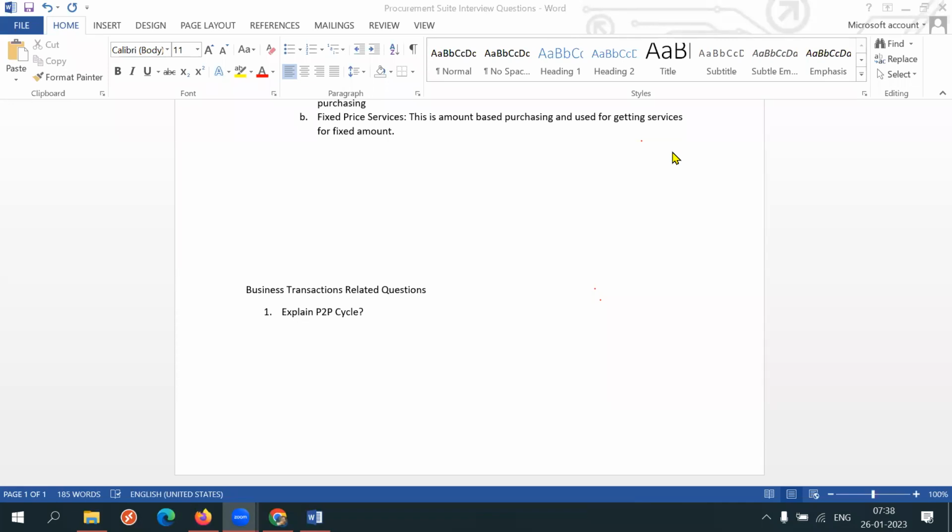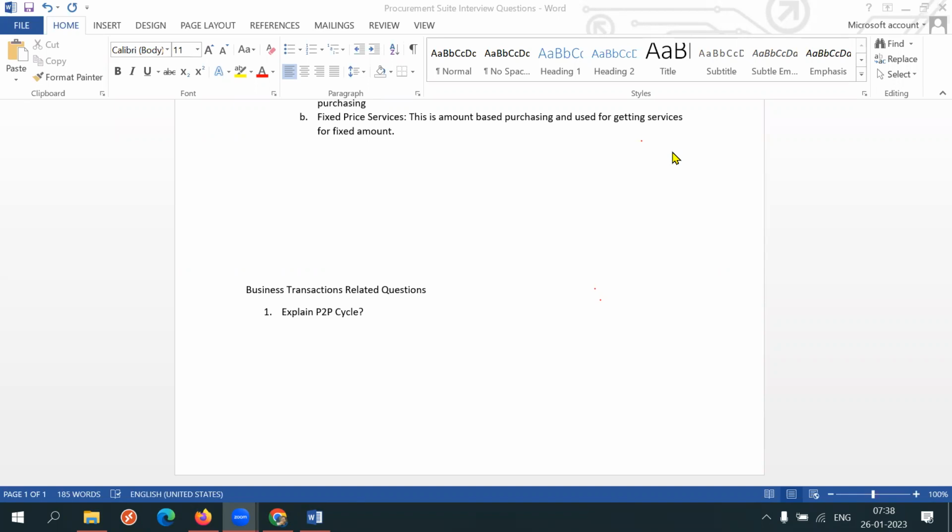We have to create the requisition. Once requisition is approved, we will raise the purchase orders. Once purchase orders are approved, we will raise the receipts. Receipts have been completed, we need to raise the invoice.